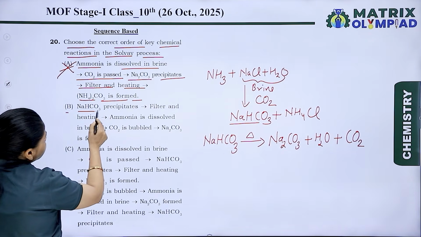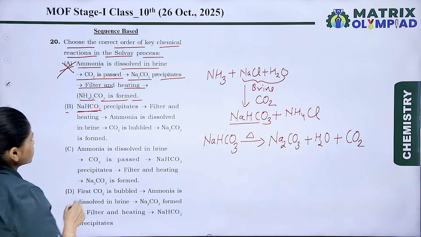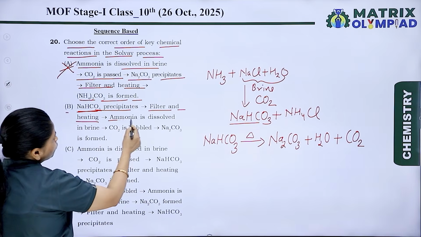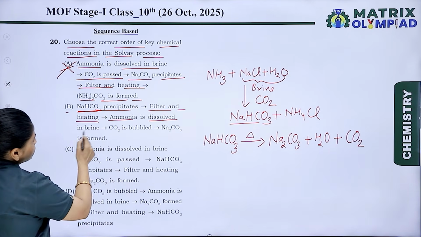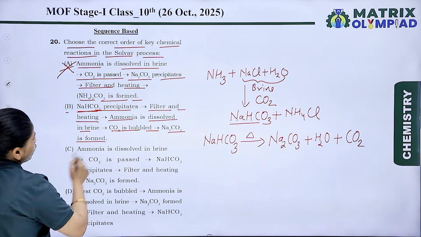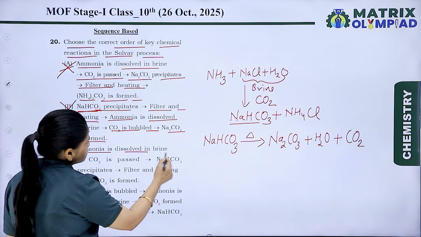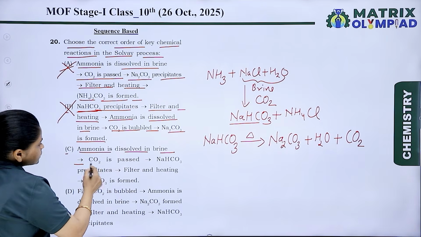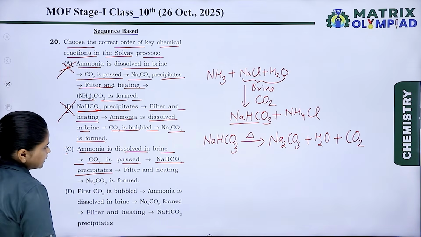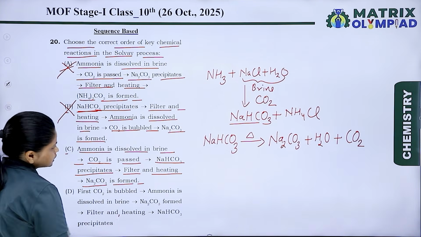B. Baking soda, NaHCO3, precipitates, filter and heating, ammonia is dissolved in brine, CO2 is bubbled, Na2CO3 is formed. No, this is wrong. C. Ammonia is dissolved in brine, CO2 is passed, NaHCO3 precipitates, filter and heating, Na2CO3 is formed.